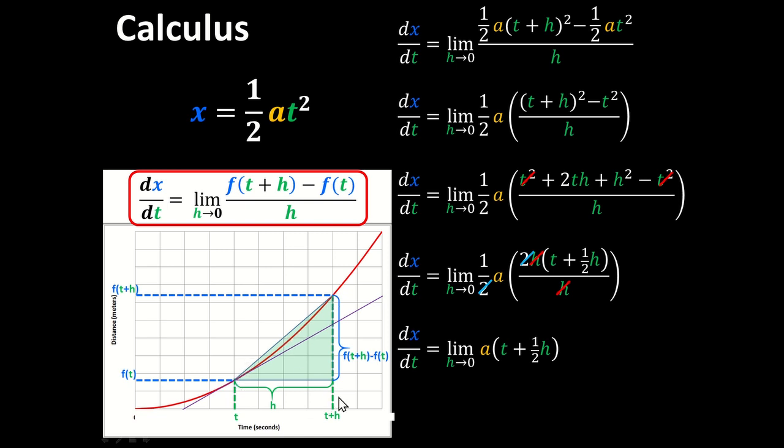Remember, I'm trying to find the slope between 2 points that are so close together they're one and the same, as this h got closer and closer to 0. So that term is just going to become 0, and I'm just left with acceleration times time.